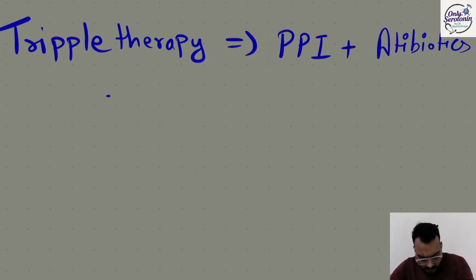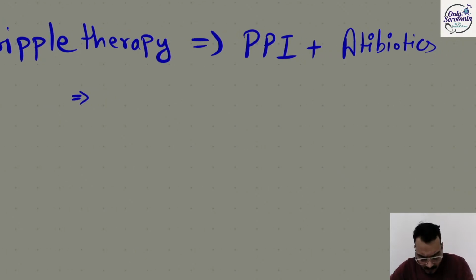First of all, any prazoles like omeprazole, pantoprazole, all these are your PPIs. What about antibiotics? Either you can give clarithromycin, as well as you can give metronidazole.